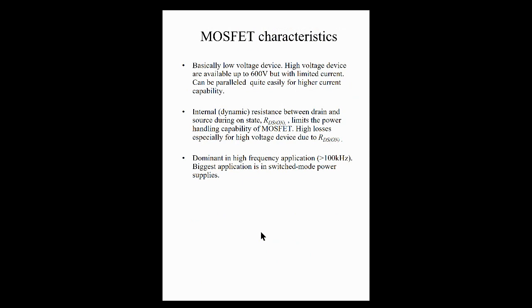I should mention also with this device, it has some amount of resistance between the drain and the source. That's we normally use the RDS, right, to represent this resistance between the drain and the source. So as you know, with resistance, this is going to impact the overall efficiency of the device.